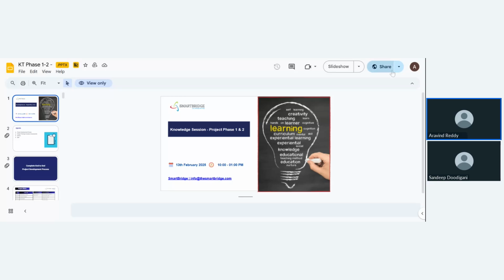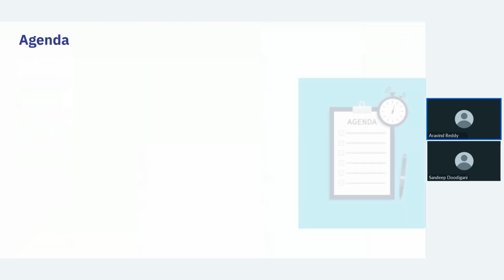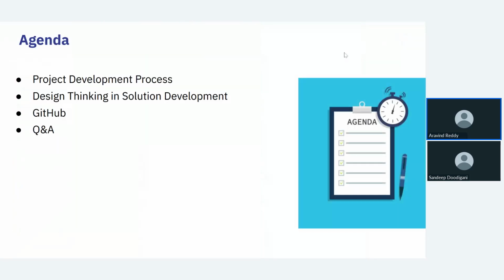In the last session, we discussed the different phases of the project. In this session, we'll go through the remaining phase two. In the last phase, we discussed the project development process as a design thinking solution, which had five things that we need to follow.